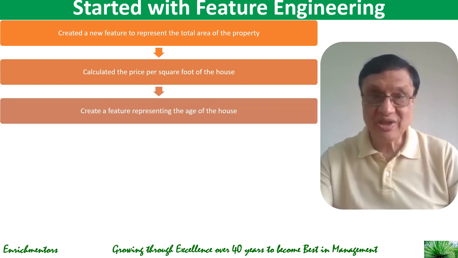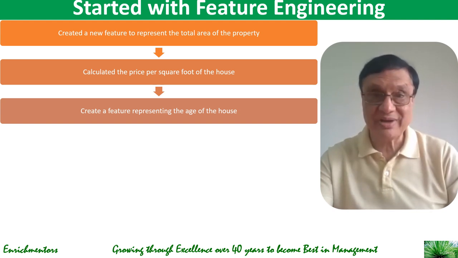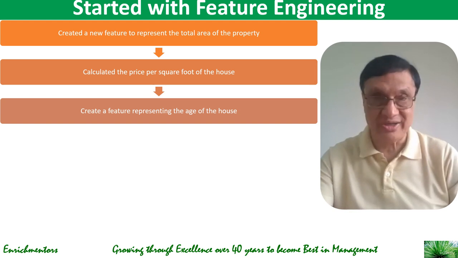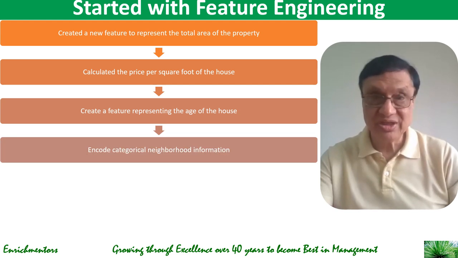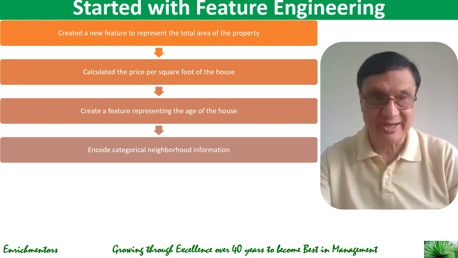Then they created a feature representing the age of the house, which was not there. So you see a lot of feature engineering happening here. They created the age of the house by subtracting the year built from the current year, and this would vary over time. The neighborhood was categorical input, so they encoded it using a technique like one-hot encoding to represent each neighborhood as a binary variable, because that's what machines understand.